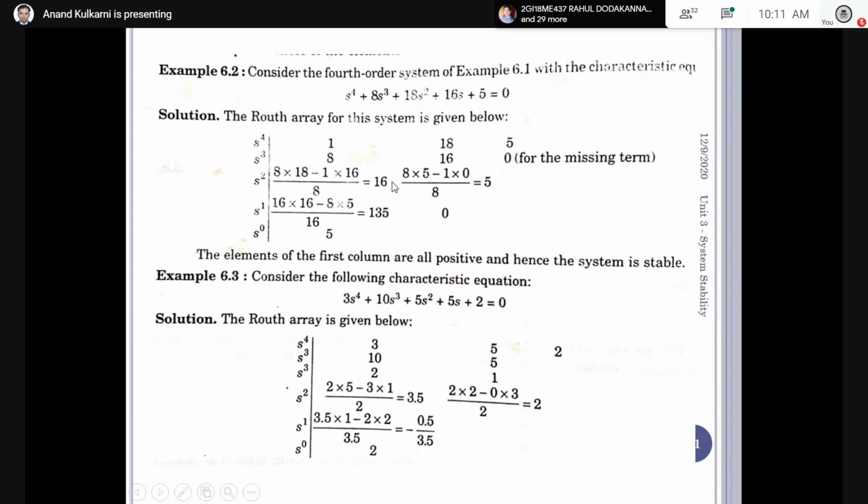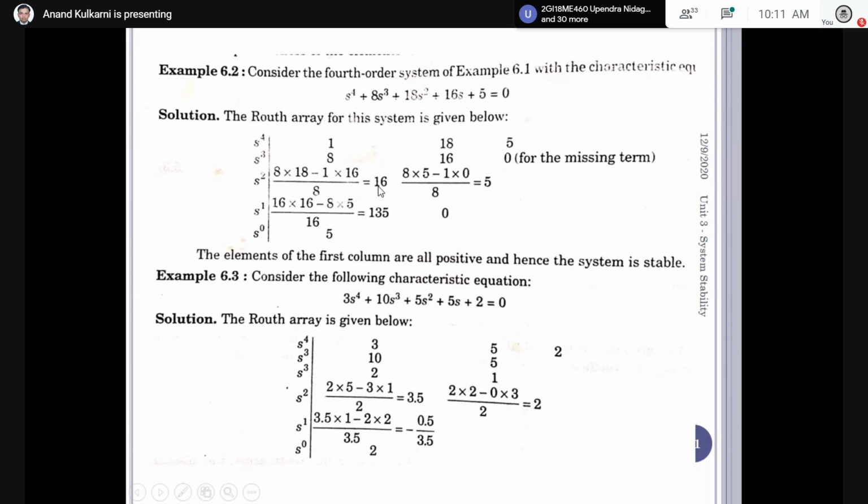So that becomes 16 here. Similarly, 8 into 5, that is 40, minus 0, divided by 8, that is 5 only. 40 divided by 8 is 5. Like that, you will get 16 and 5 in the third row, that is the s square row.